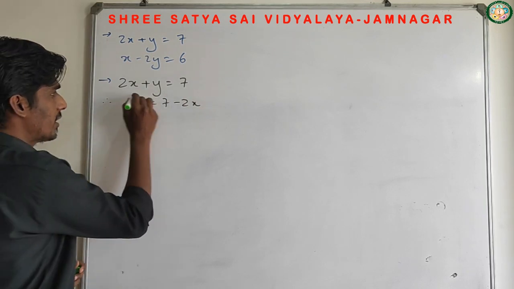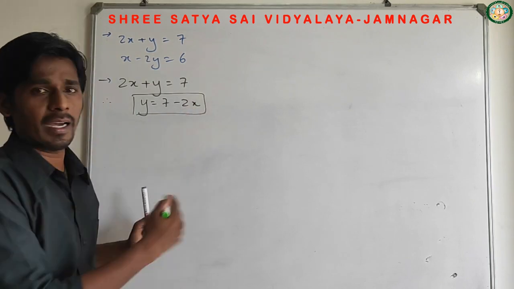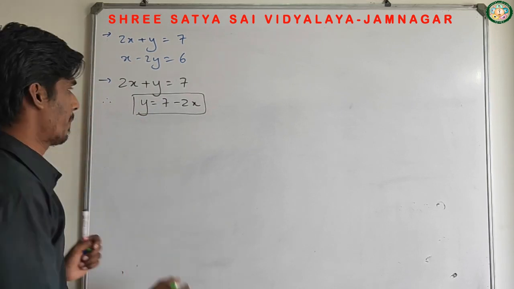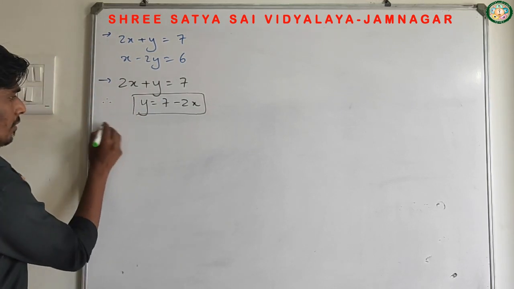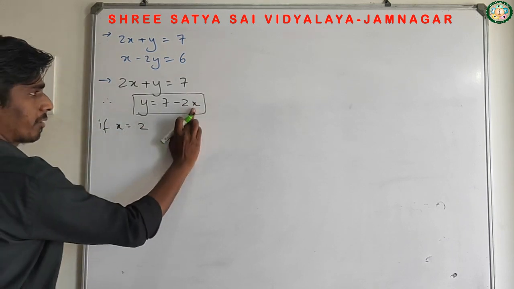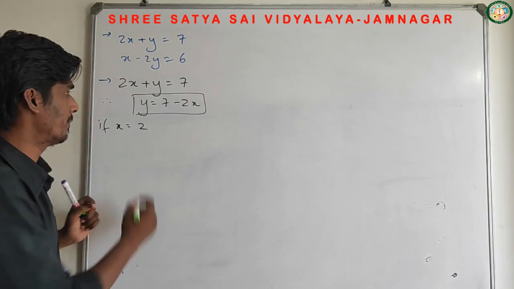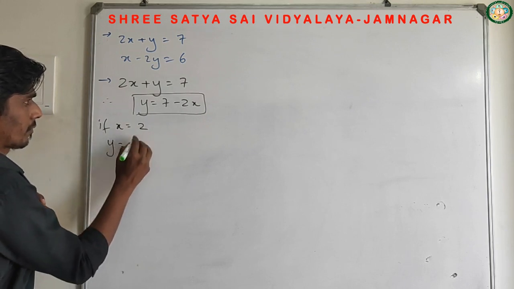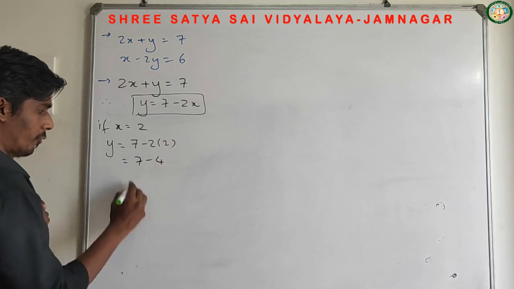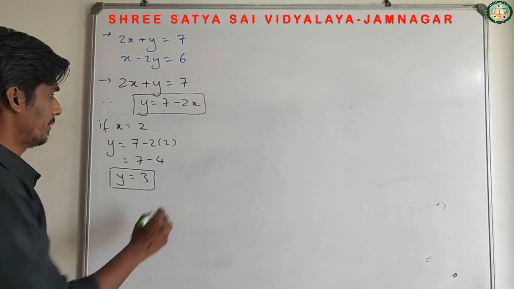In this equation I am going to replace different values of x so that I get different values of y. So if x equals 2, we can take any number, but take numbers that can be plotted on the graph. So y equals 7 minus 2 into 2, 7 minus 4, that is 3. y equals 3.